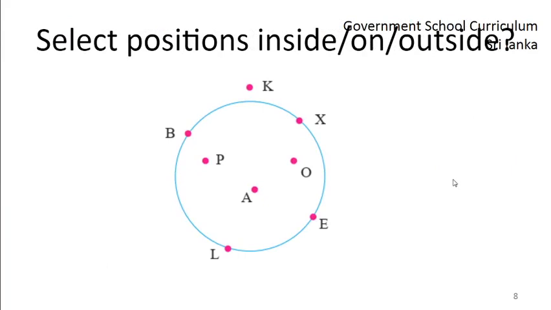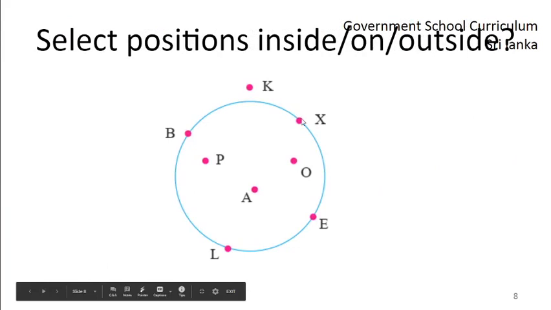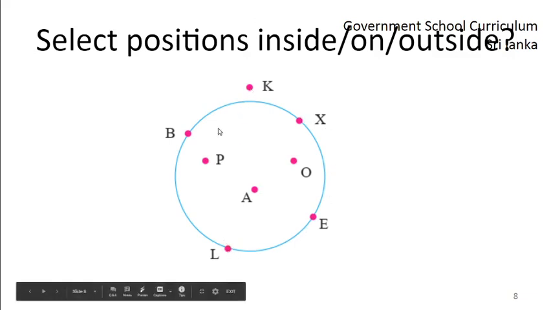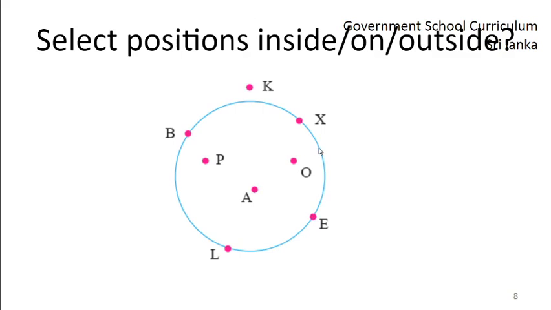Okay, here we have to select positions inside, on and out. Here in this picture, there's a circle. There are points inside the circle, there are points outside the circle, and there are points on the circle. First, let's find out the points inside the circle.